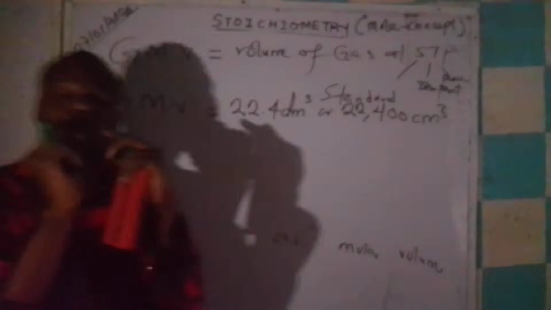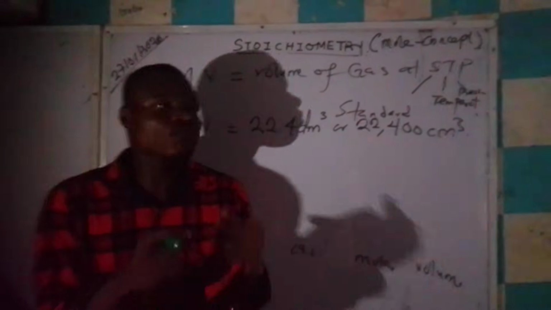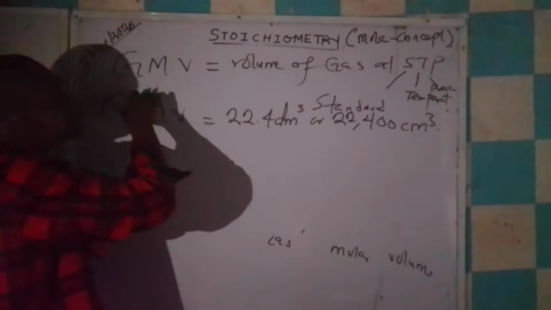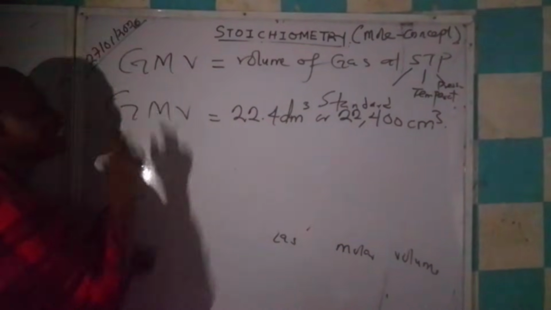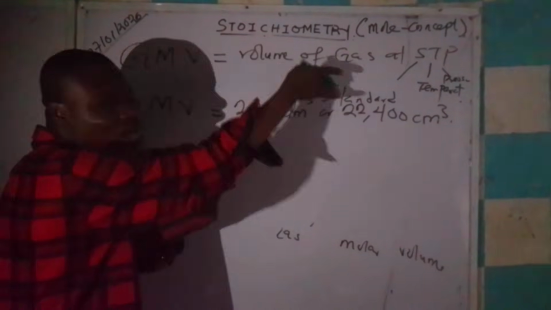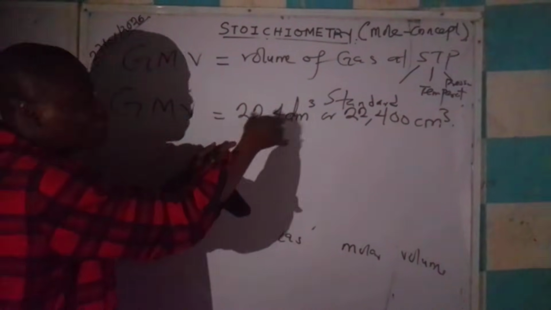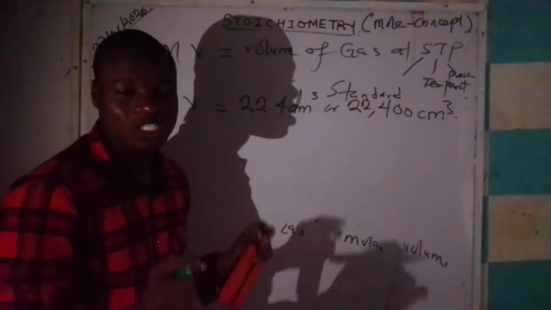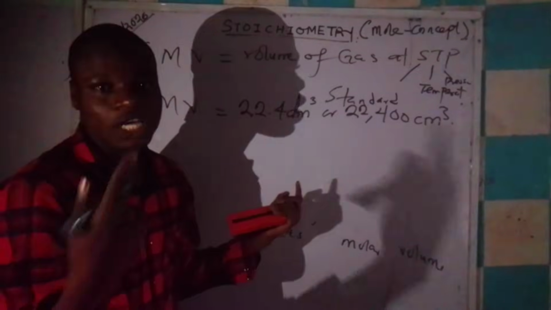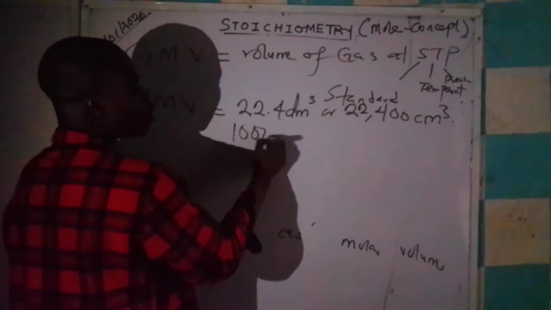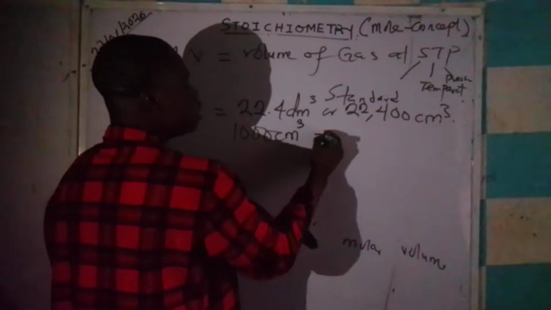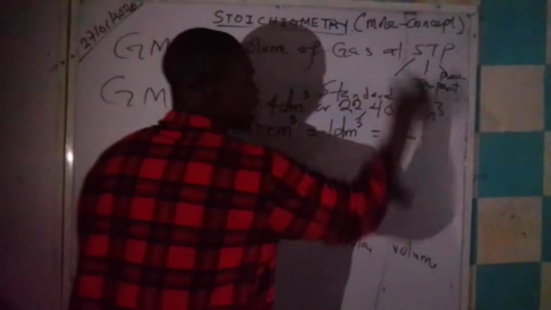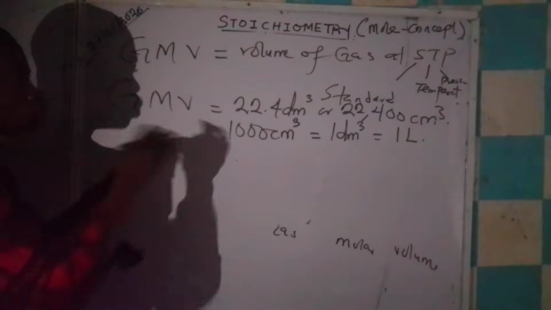That means 1 mole of a substance is equivalent to the gas molar volume, or the volume of a gas at STP, which is equal to 22.4 dm³ and 22,400 centimeter cubed, because 1,000 centimeter cubed equals 1 dm³, which is equal to 1 liter. Now note this very well.